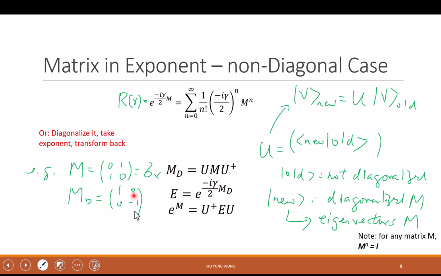This is easy, right? And then you transform it back to the original basis. For example, the old can be the 0, 1 basis, and the new will be the plus minus basis, which will make the sigma x diagonal.